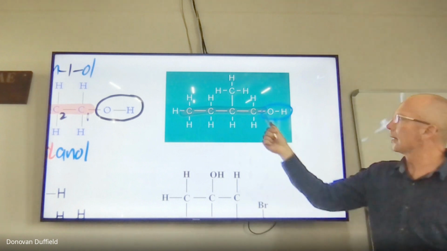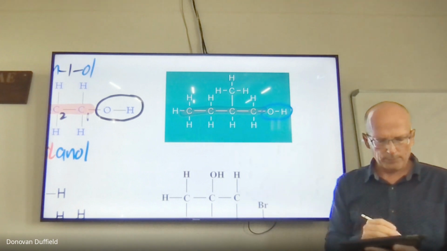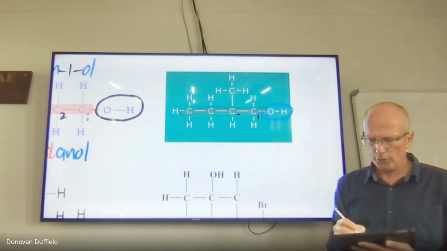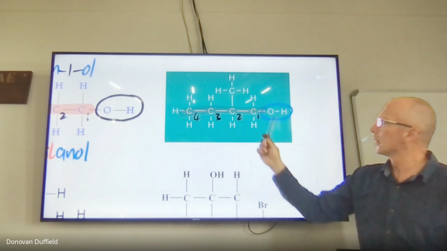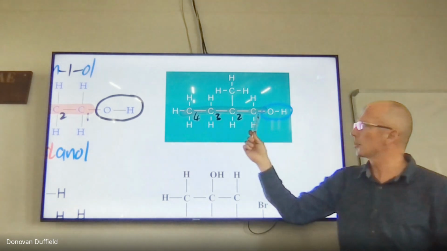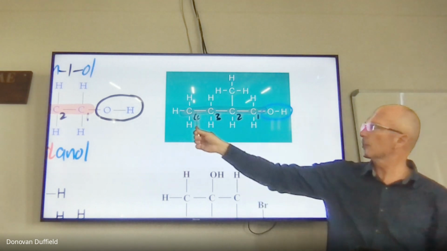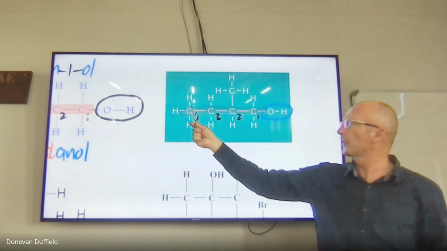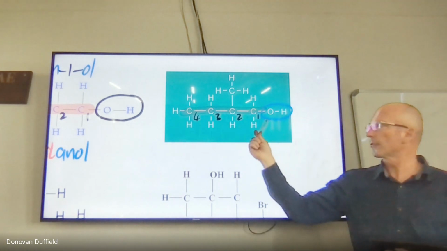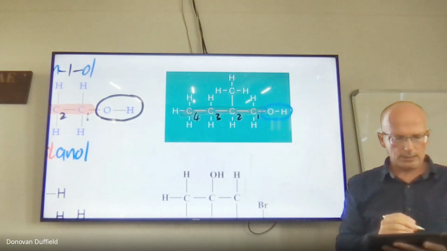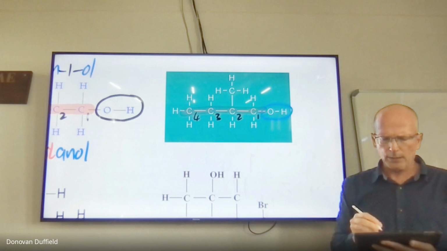We're going to number 1, 2, 3, 4 from right to left, because that means the OH is going to be on carbon number 1 as opposed to carbon number 4 if we numbered from left to right. We're numbering from right to left.